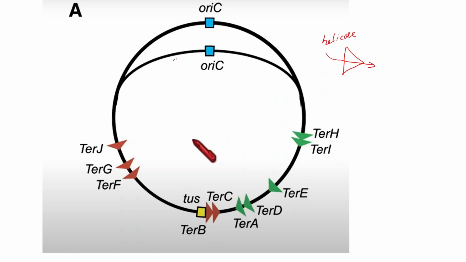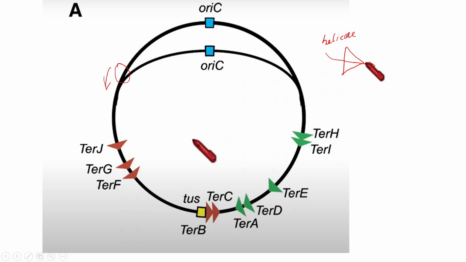So, consider the helicase that is moving in this direction. As it proceeds, it is facing this face of this TER protein. It will not face any hindrance, and it can continually move through all these TER proteins, and will reach here.